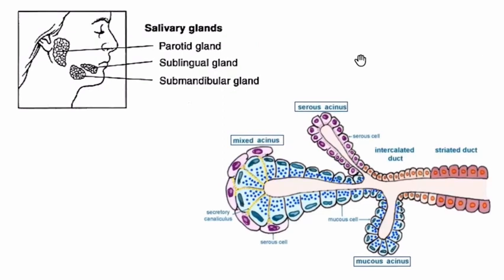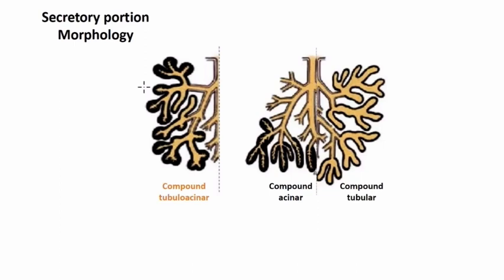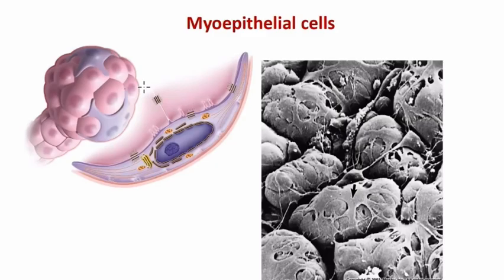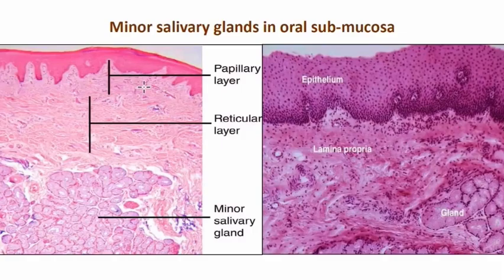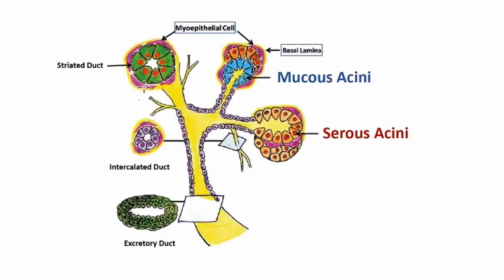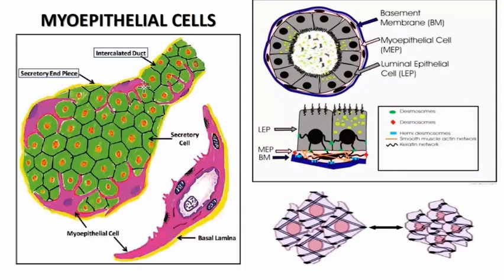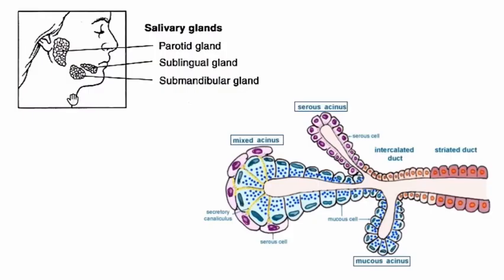All around these glands is a capsule, rich with collagen fibers, that surrounds the large salivary glands.